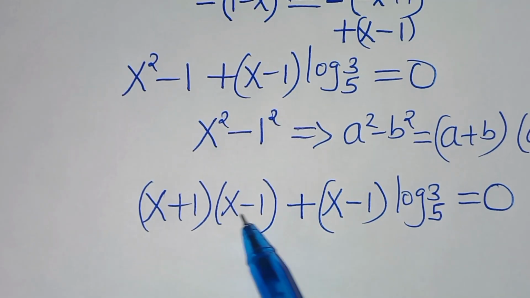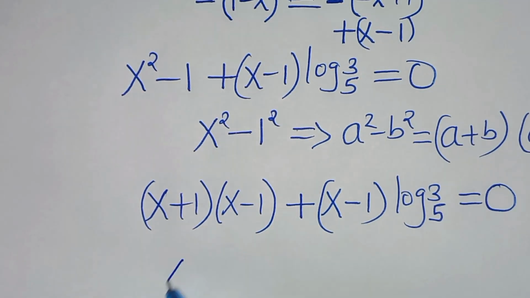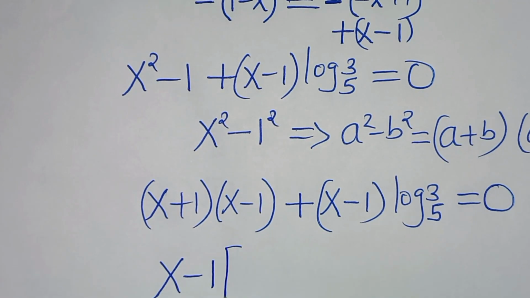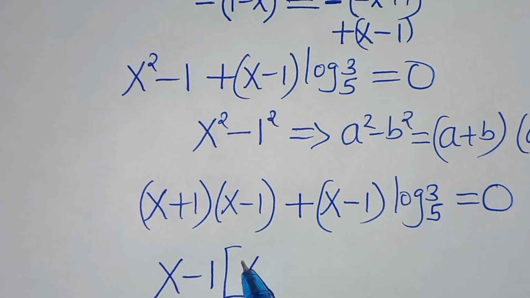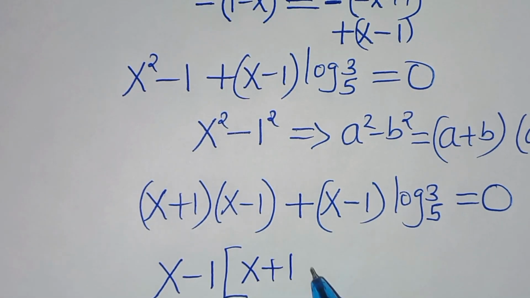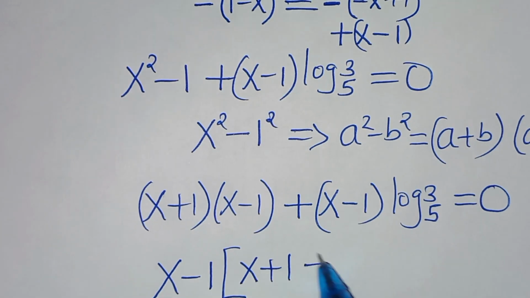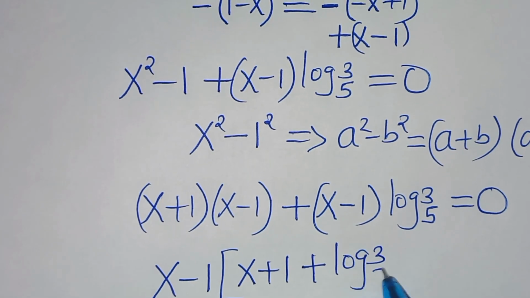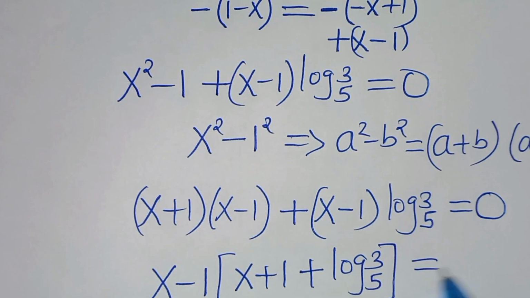We find that x minus 1 is common, so we can factor out x minus 1, giving x minus 1 times the parentheses x plus 1 plus log 3 to base 5, equal to 0.